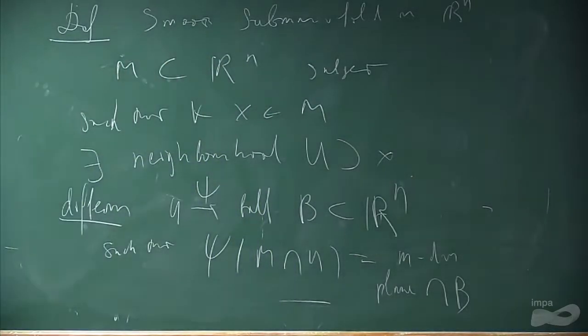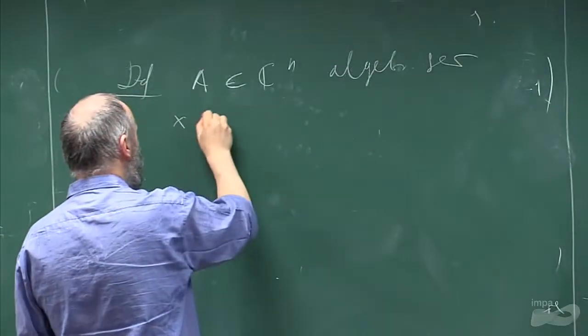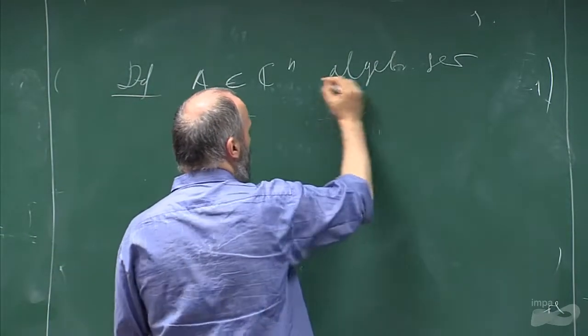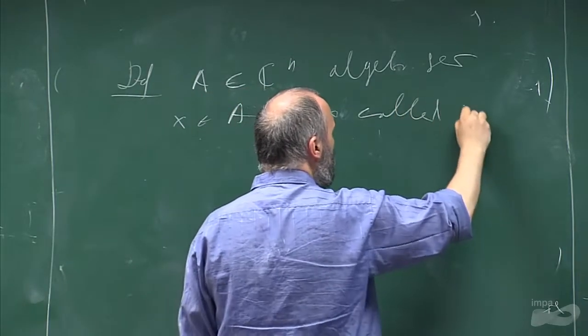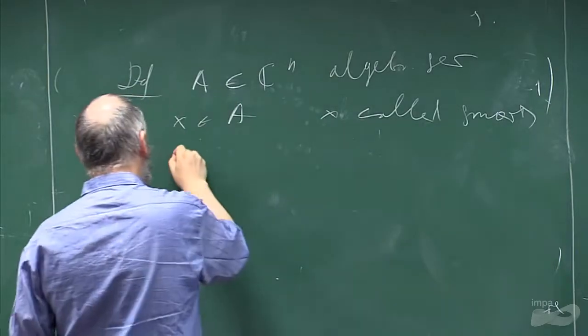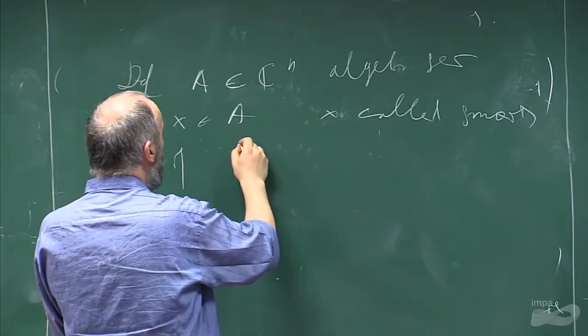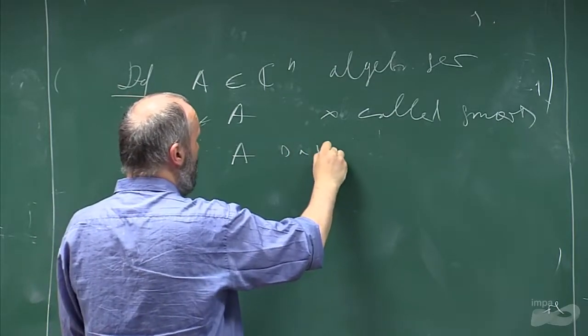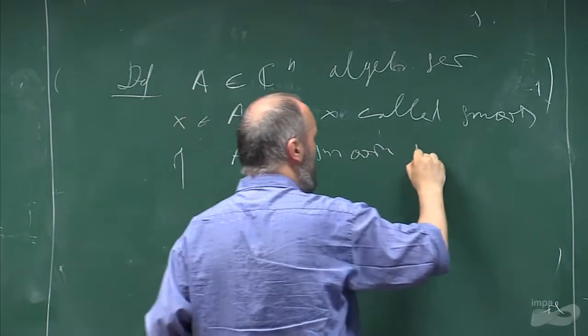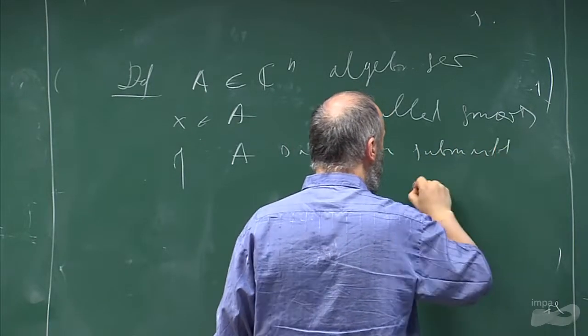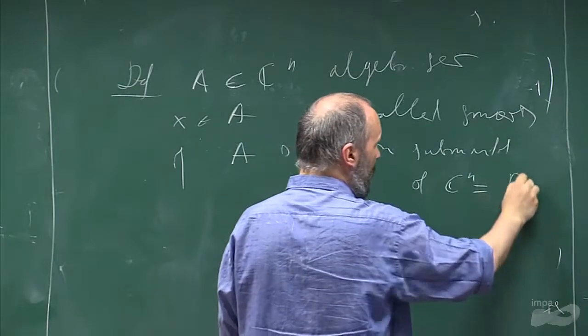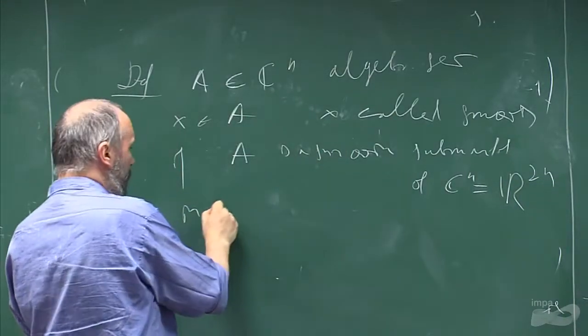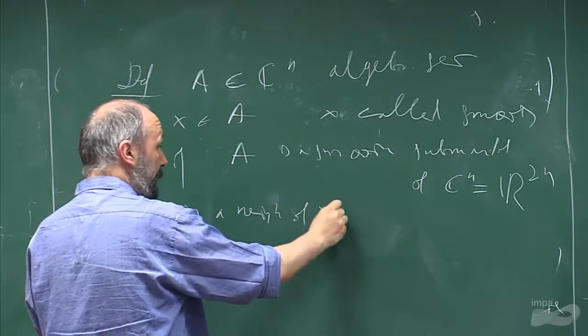So definition: if you have A inside Cn, an algebraic set, and a point x inside A, x is called smooth if A is a smooth submanifold of Cn, which we now consider as R2n, in a neighborhood of x.